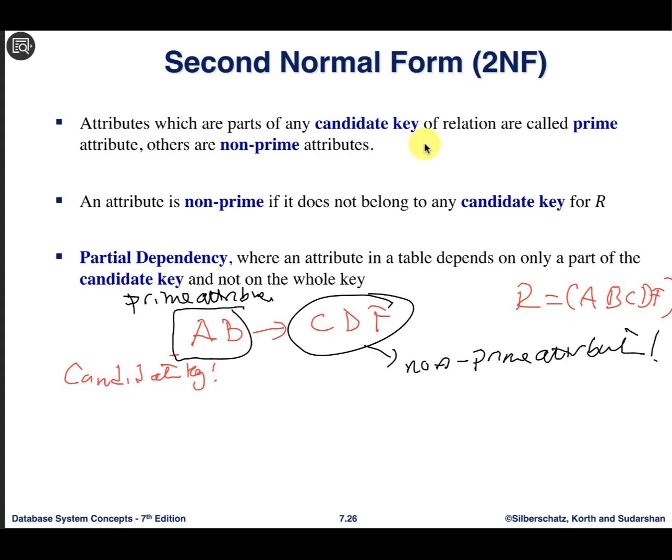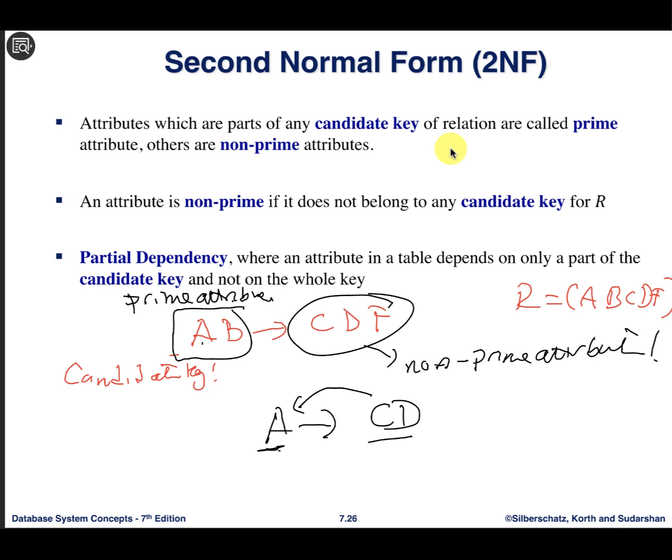This one is going to help us a lot. If you find any set of attributes in your table that depends only on part of the candidate key, for example, C, D depends on A. A is a prime attribute.